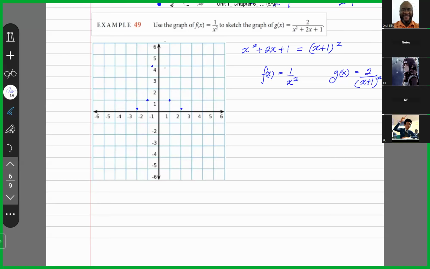All right, so with this, we can draw the graph of f of x is equal to 1 over x squared. You can spend the time and look into how I got these values. It's not very difficult to figure out.